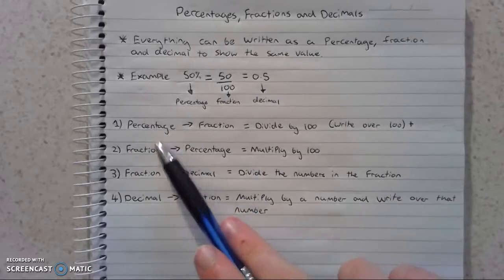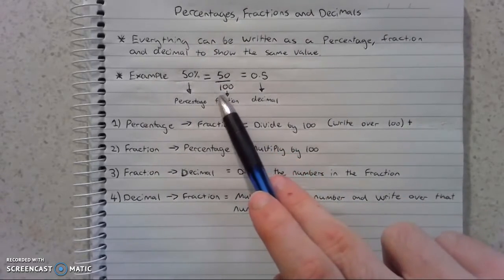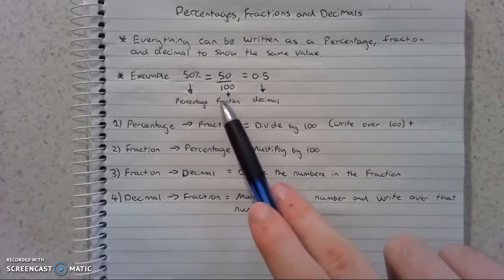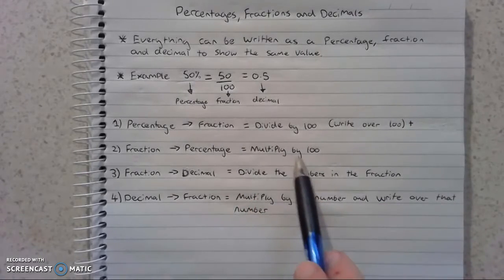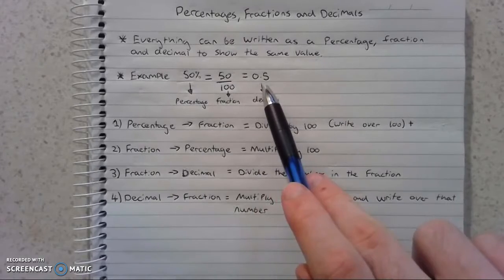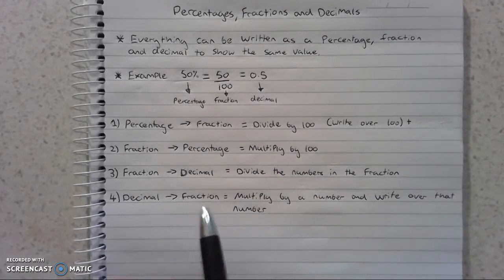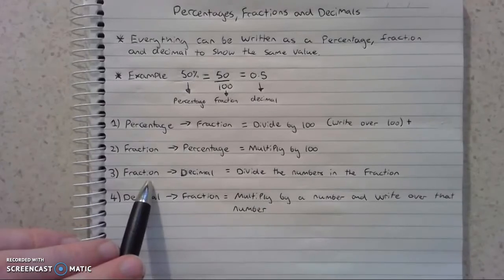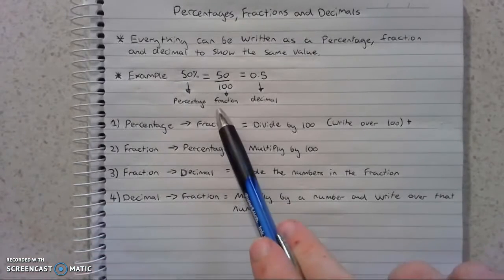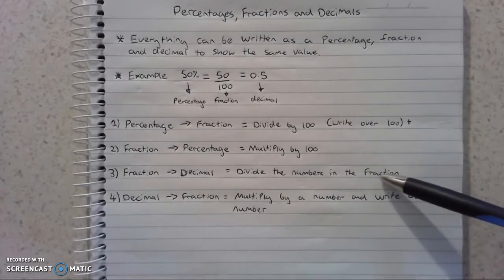To go from a fraction back to a percentage, all we have to do is multiply by 100. So 50 over 100 times 100 will equal 50. To go from a fraction to a decimal, we divide the numbers in the fraction.